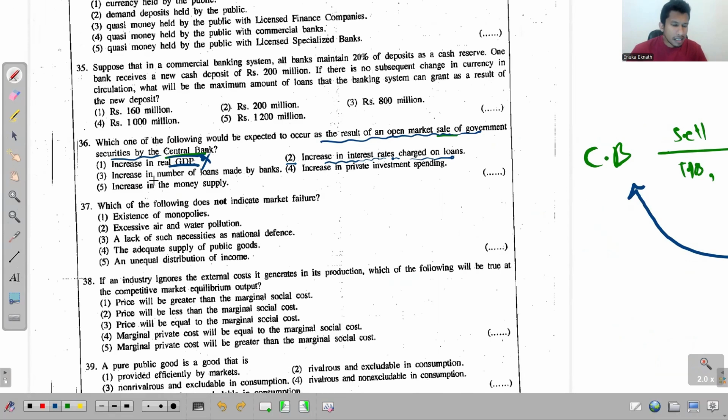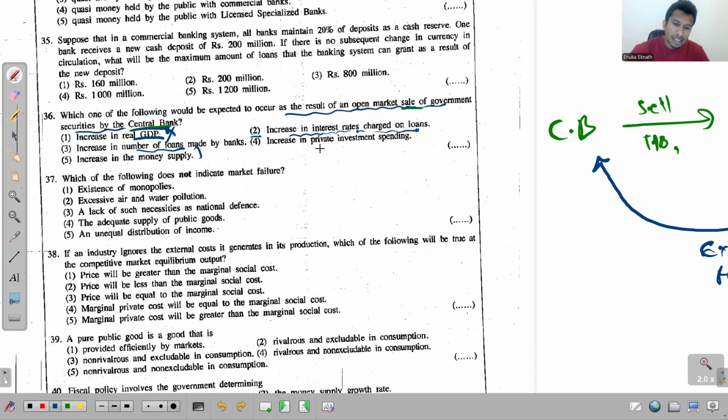No, it depends. We don't know actually, but one thing is certain, and that is the commercial banks will increase their interest rates, but we don't know about the number of loans. I mean, when the interest rate increases, generally the number of loans will decrease.